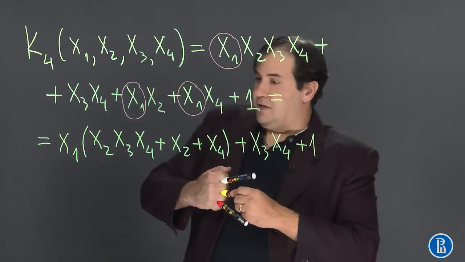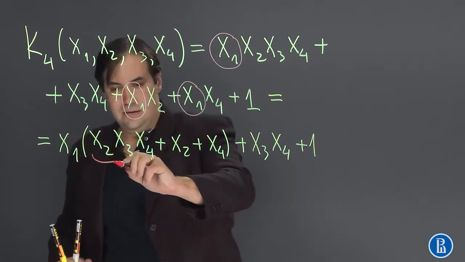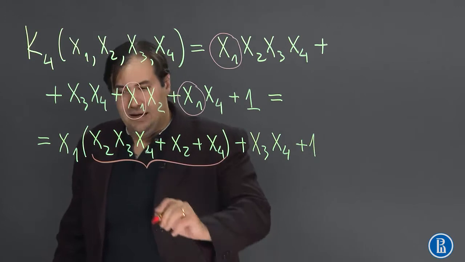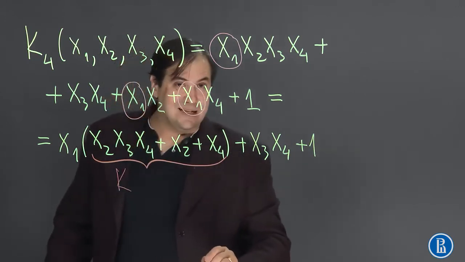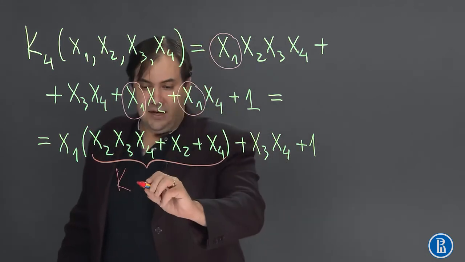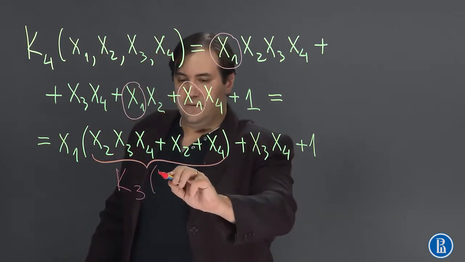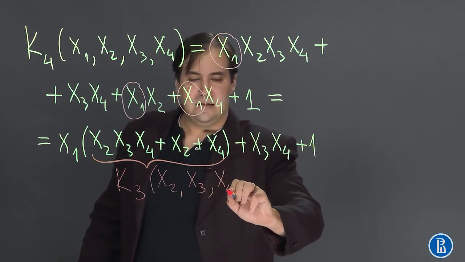So what do we have here? Just look at this expression. What is it? Well, actually, it is also a continuant. It is K of order 3 of x2, x3, and x4.